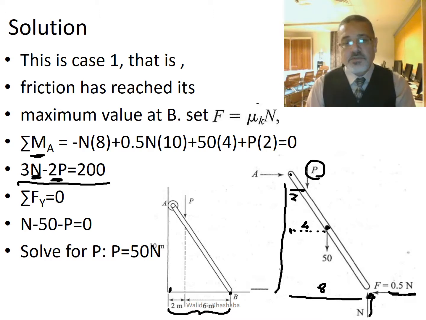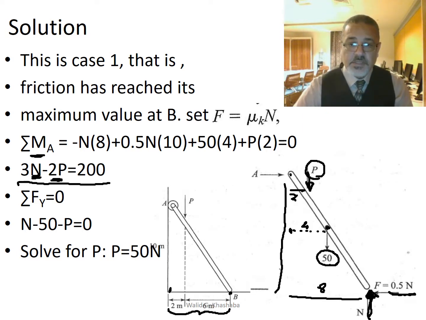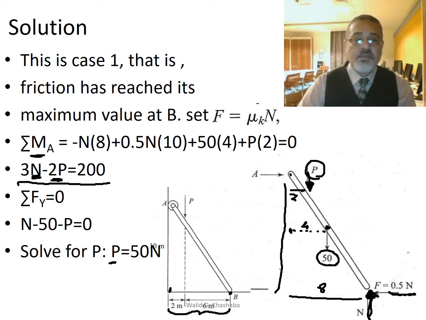The summation of the forces in the y direction will be N minus 50, which is the weight, minus P again, because it acts down. Solving for P, then P is 50 Newton. So the maximum load that can act at this point is 50 Newton.